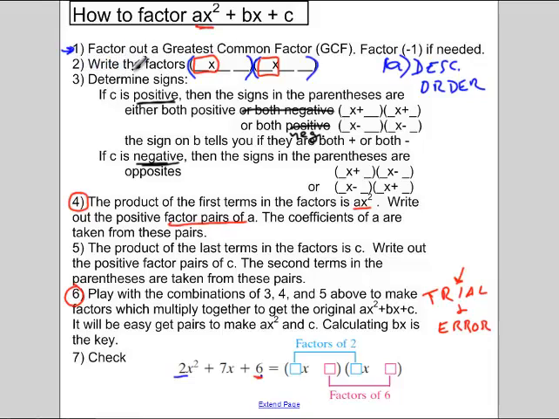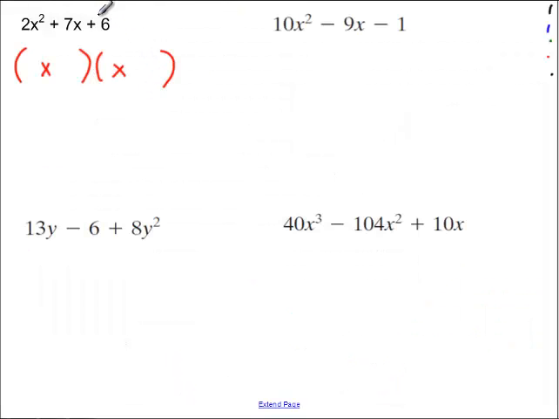Step number 3 is determine the signs. We did this in section 6.2, and again, if C is positive, and here our C is positive, then this number and that number have to be either both positive or both negative, because they multiply together in our FOIL, that F word that we can use in math.